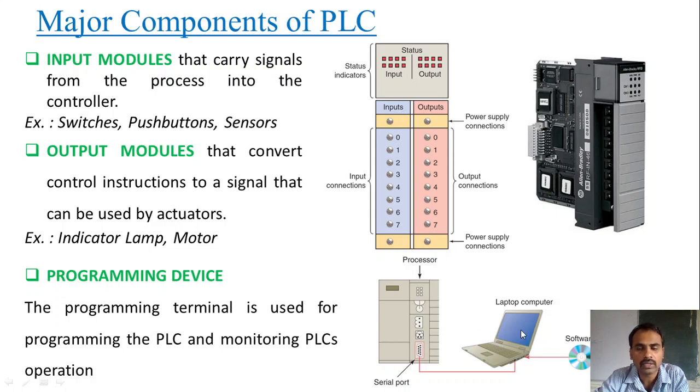You can program here in the computer, and later the same program can be uploaded into the PLC. You can connect a laptop to the PLC and upload the program which you have written. So these are some of the important major components of PLCs.